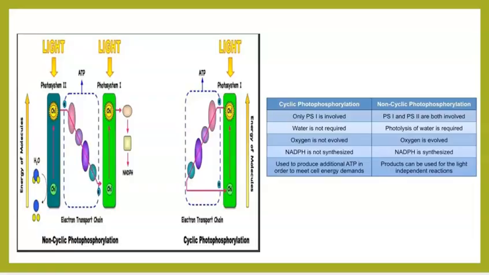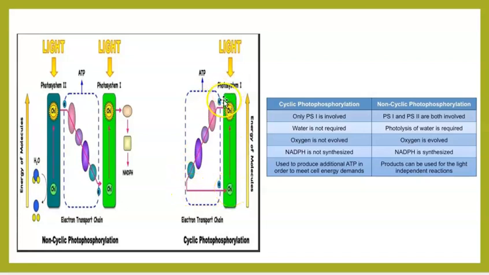Before that, you have to know something called phosphorylation. There are two types. One is cyclic and one is non-cyclic. Cyclic means something which starts from somewhere and goes back. This is like a cycle. In cyclic phosphorylation, we just make use of photosystem 1. There is no photosystem 2. So you have light, and look at how the electron is being transferred.